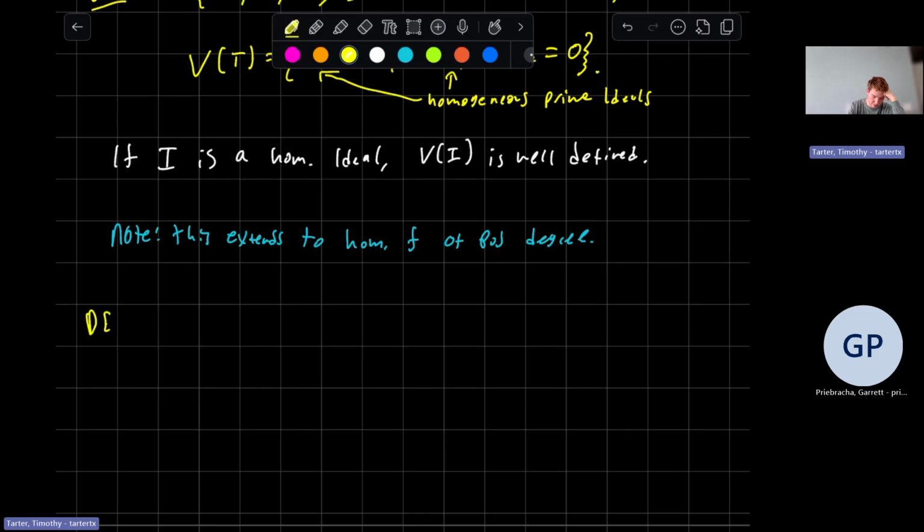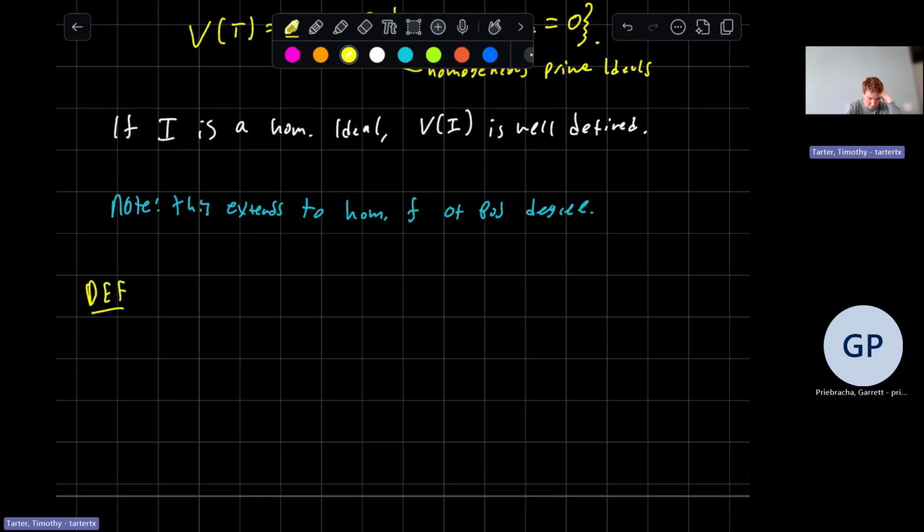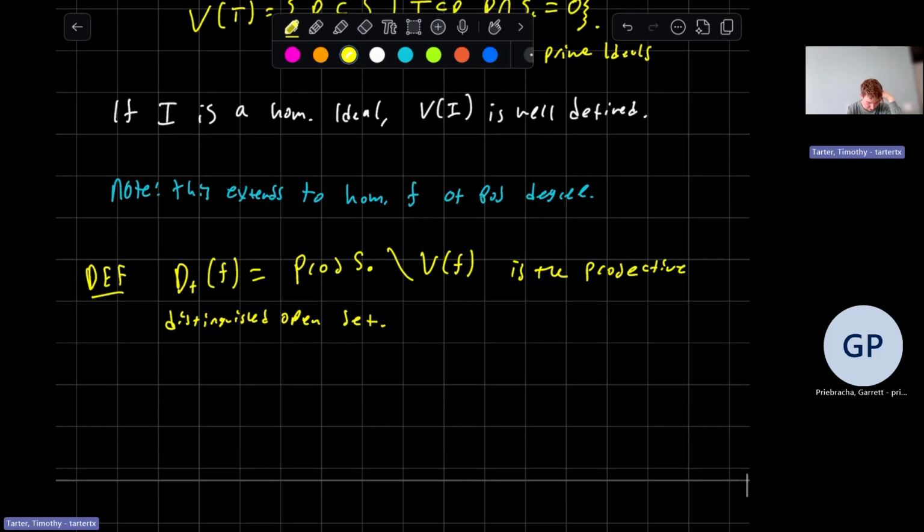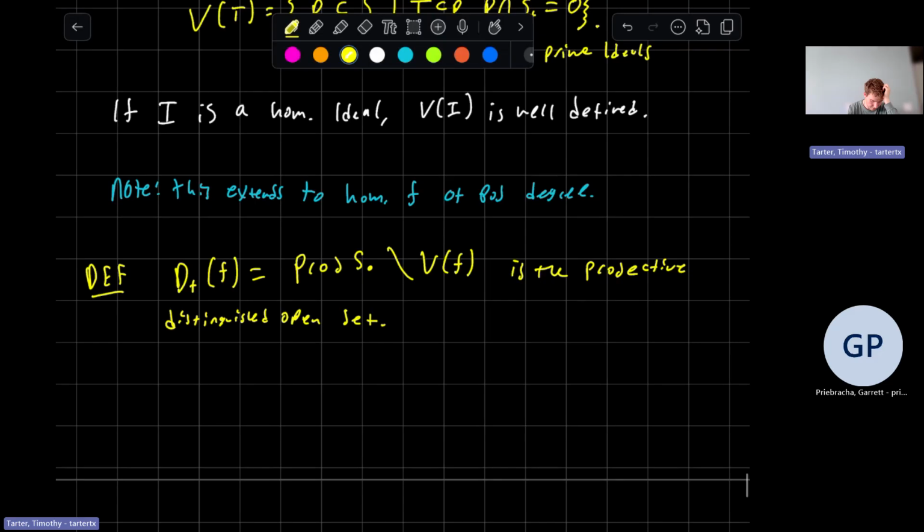Okay, so associated definition. The projective distinguished open set is Proj S bullet minus the vanishing of F, which is the complement of V of F. So once we define a scheme structure on Proj S, we will use without comment D plus F, the does not vanish set, to refer to the open subscheme.